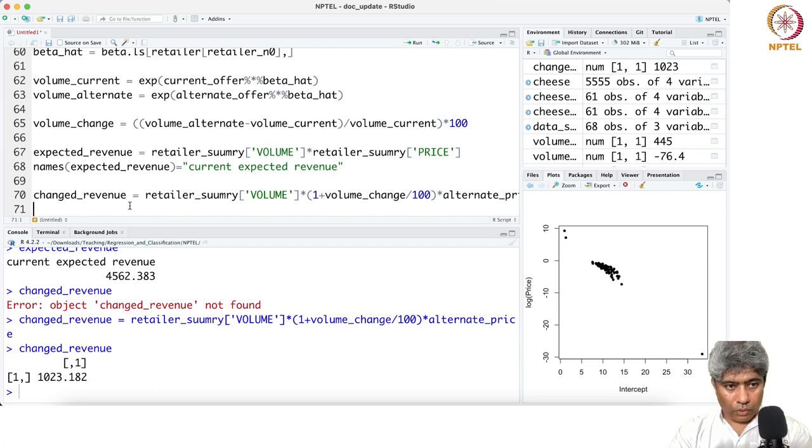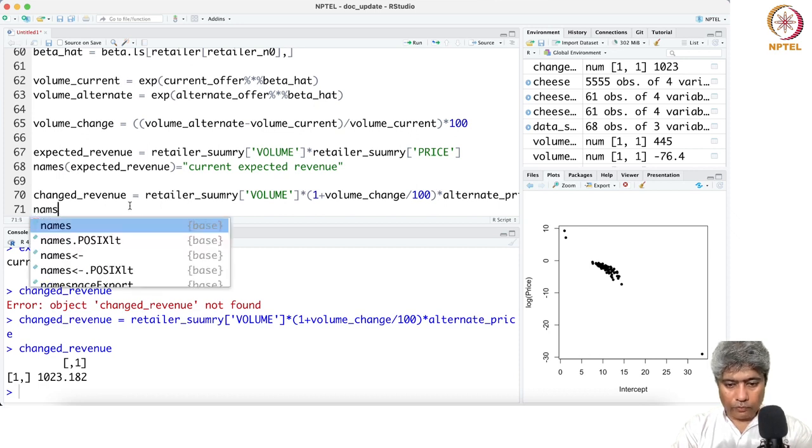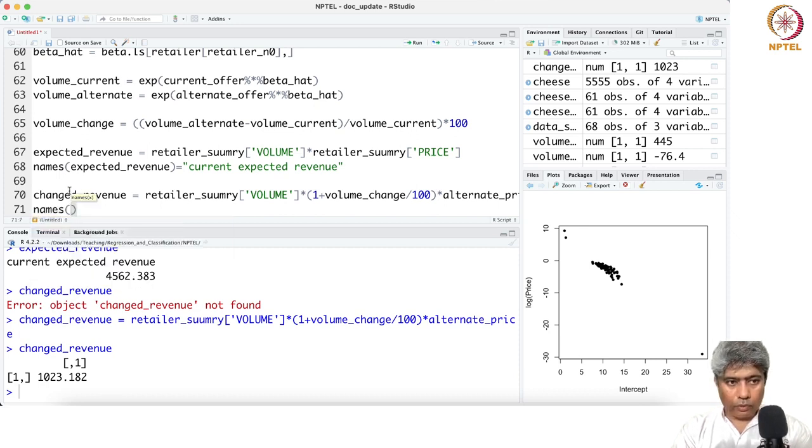So this change revenue is the updated expected revenue.